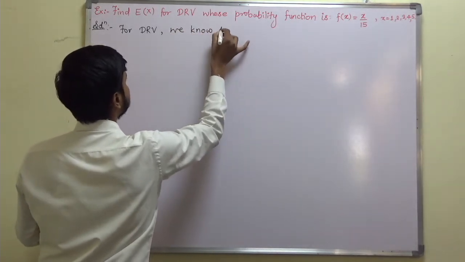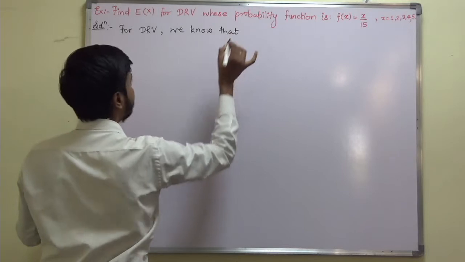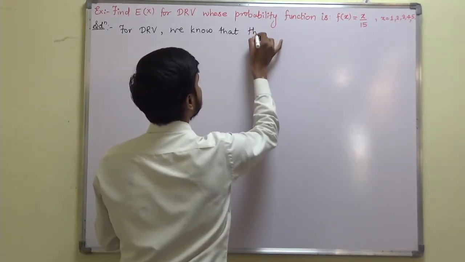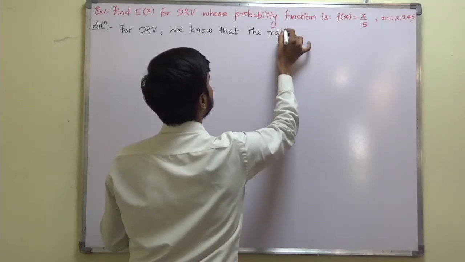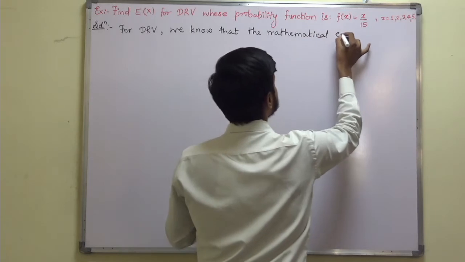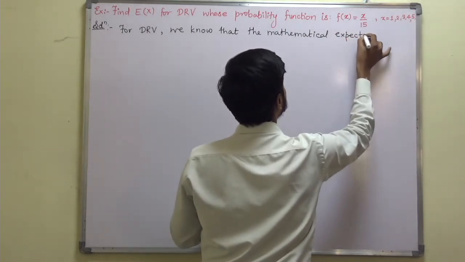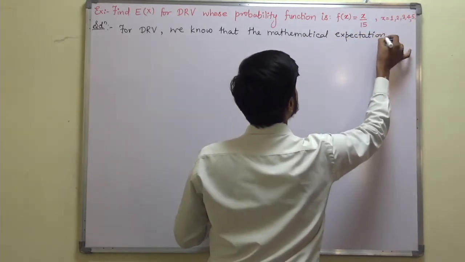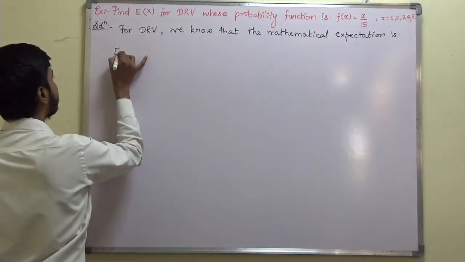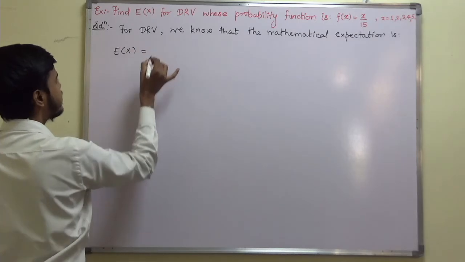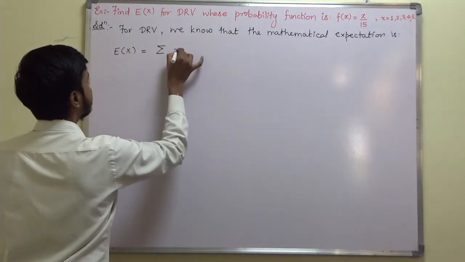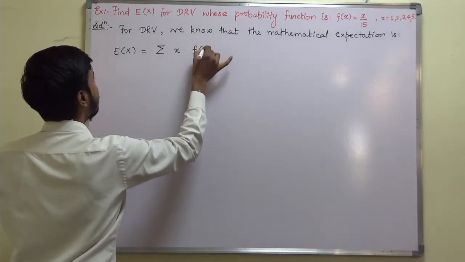Okay, so for discrete random variable, we know that the mathematical expectation is denoted by expectation of x, and for the discrete random variable it is written as summation x into f of x.